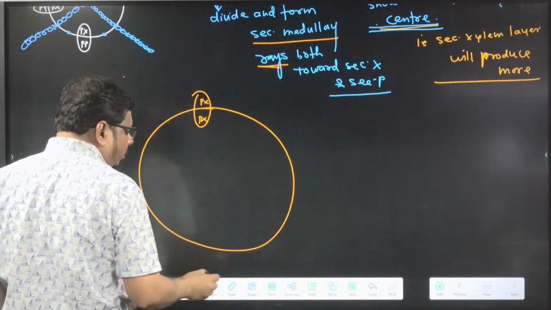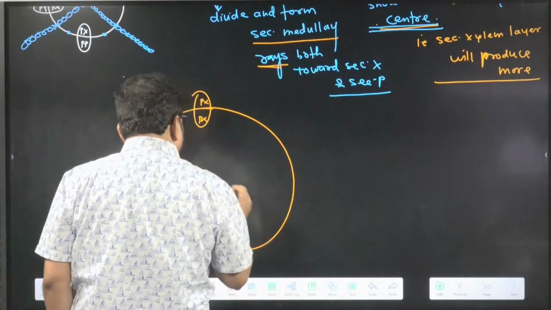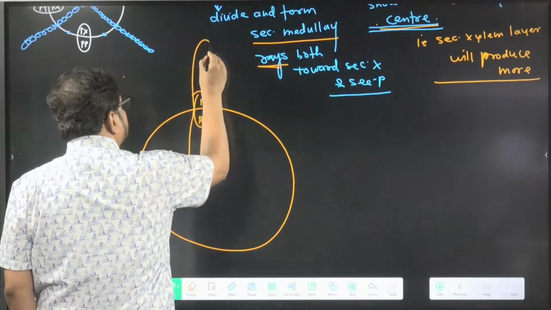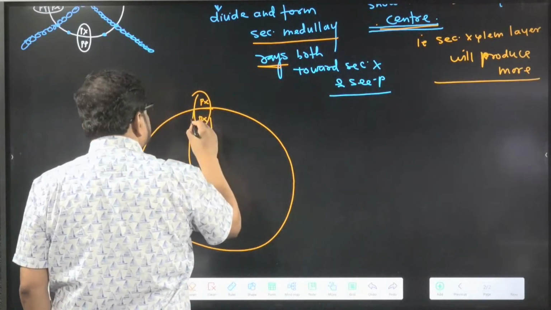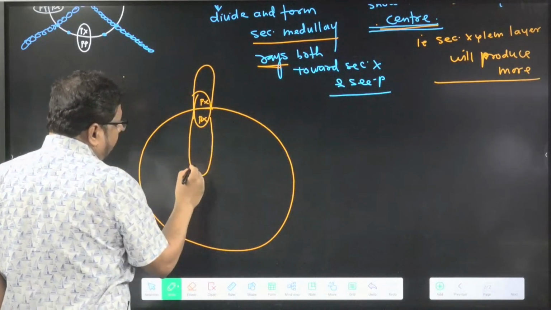When secondary growth occurs, what happens? It is going to divide like this. So many layers form.